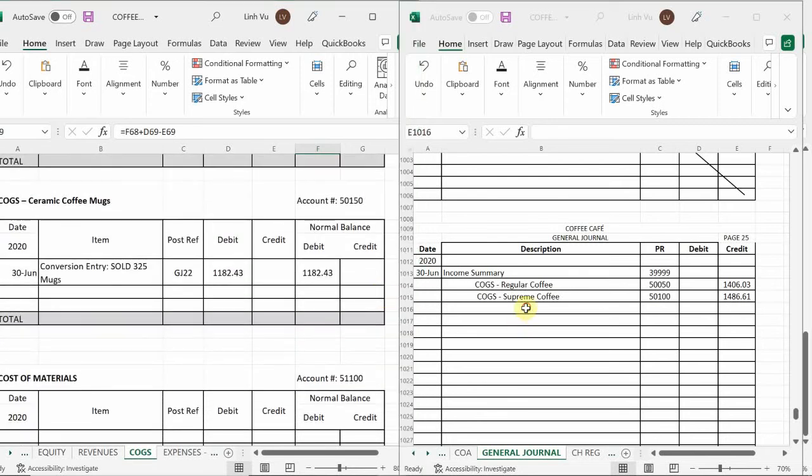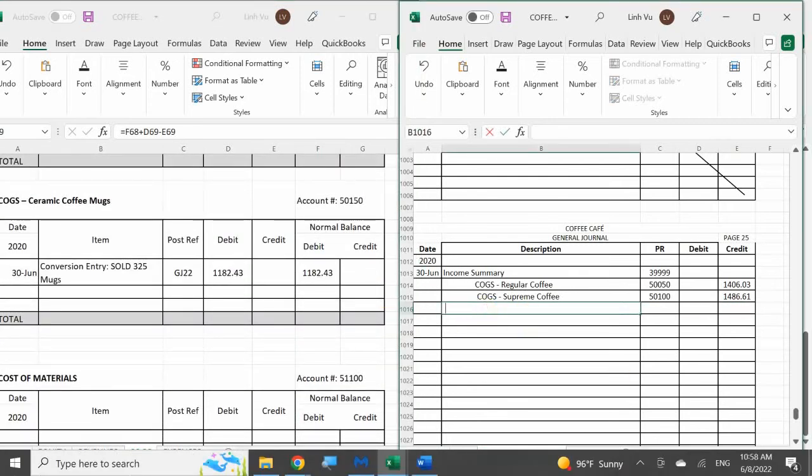Next we have is our ceramic coffee mugs, right? So in this case, cost of goods sold, ceramic coffee mugs. Okay. Account number 5150. Credit balance for the $1,182.43.